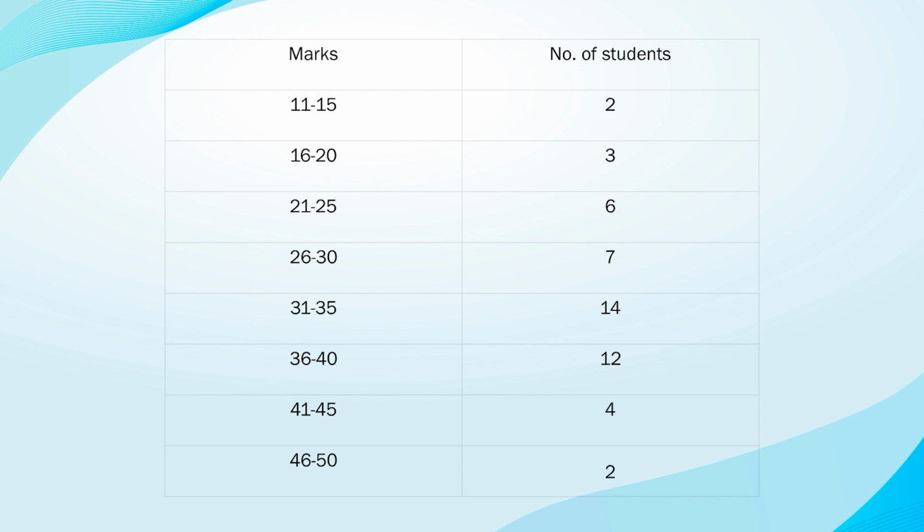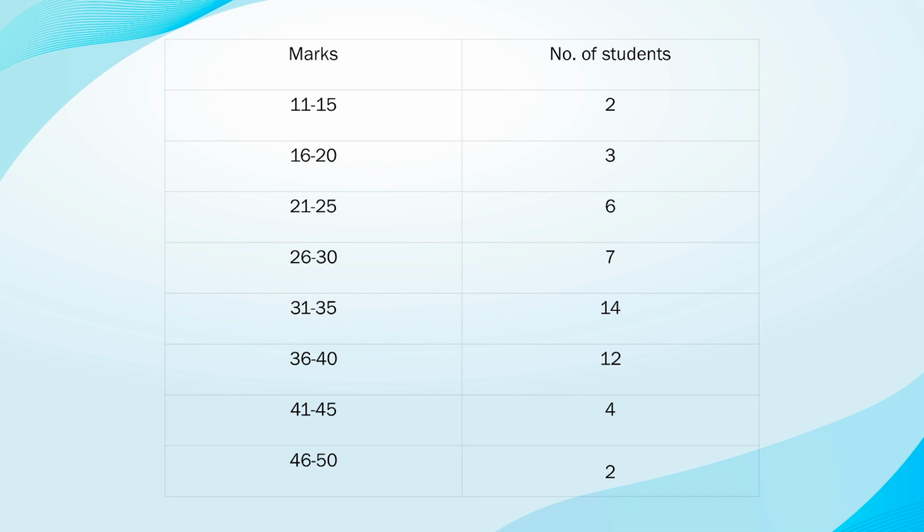Say, for example, let us take the marks obtained by students, which we have categorized, we have classified, for example, 11 to 15, 16 to 20, 21 to 25, and so on.